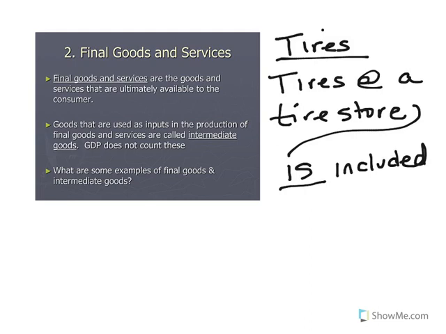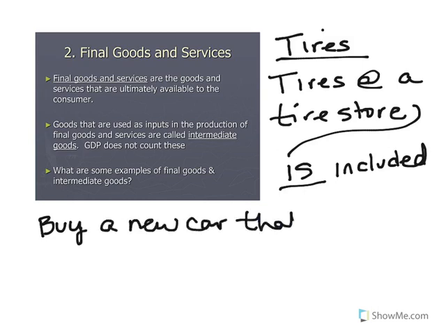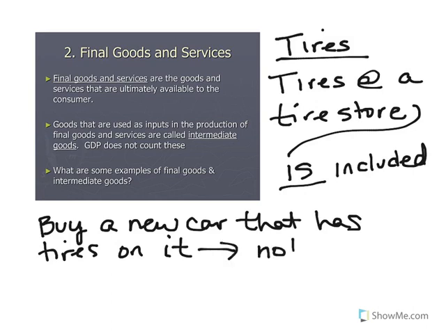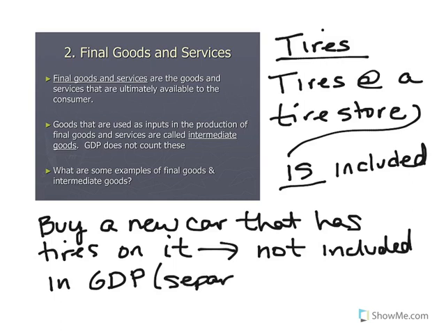However, let's say that I buy a new car that has tires on it. Those tires are not included in GDP because technically the value of those tires is going to be included in the sale of that car.